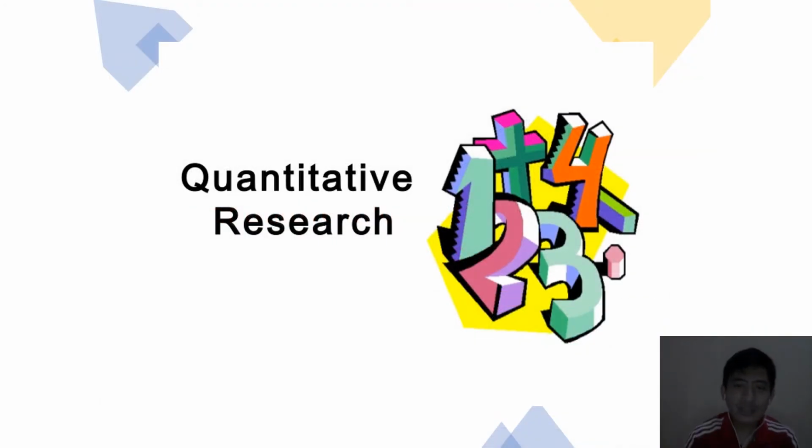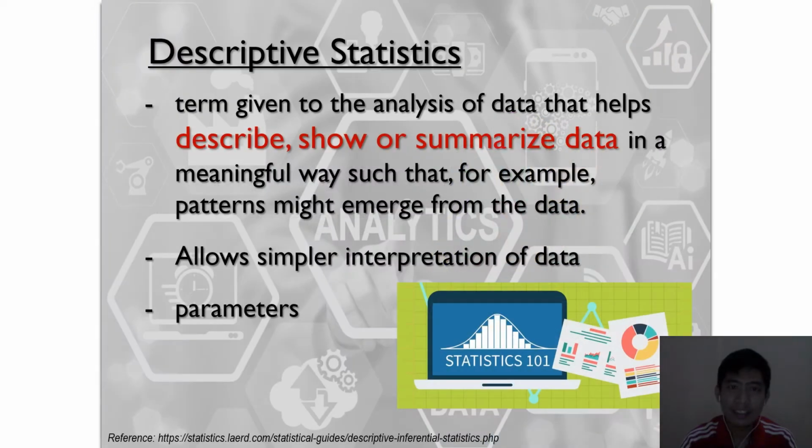So in quantitative research, we will do our statistical treatment for our data. Descriptive statistics are terms given to the analysis of data that helps describe or summarize data in a meaningful way, such that patterns which might emerge from the data allow simpler interpretation, and show the parameters.